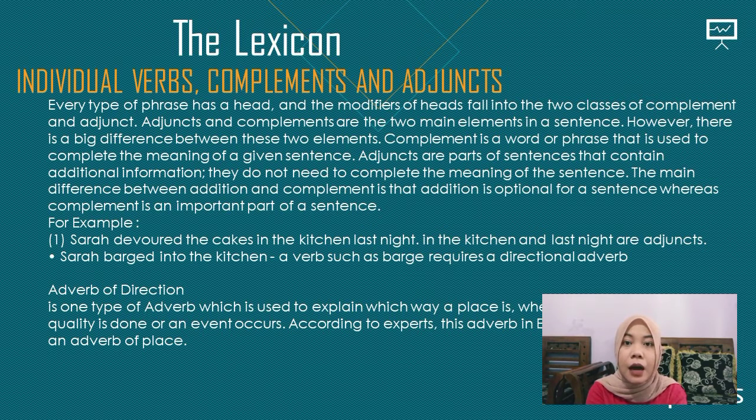So barge here indicates direction, namely storming or bursting in. Where did Sarah barge? Here we need a complement to complete the directional adverb, which is into the kitchen. Adverb of direction is one type of adverb used to explain which way a place is, where a job, action, deed, or quality is done or an event occurs. According to experts, this adverb in English can be classified as an adverb of place.